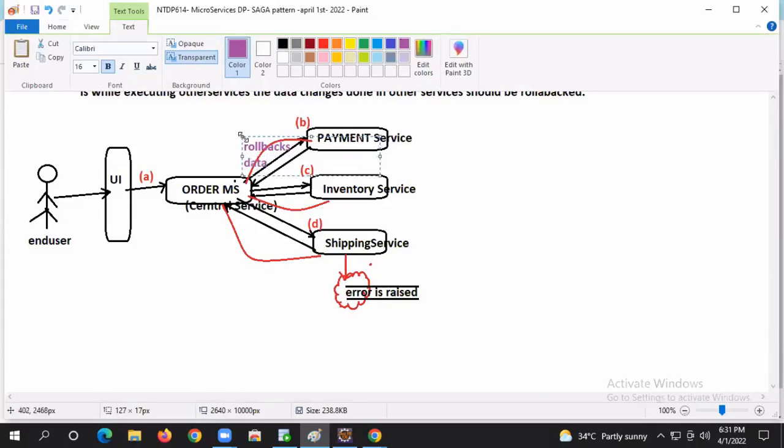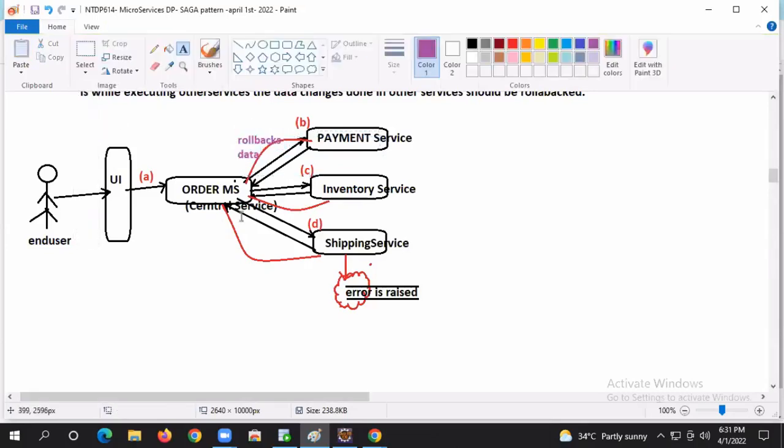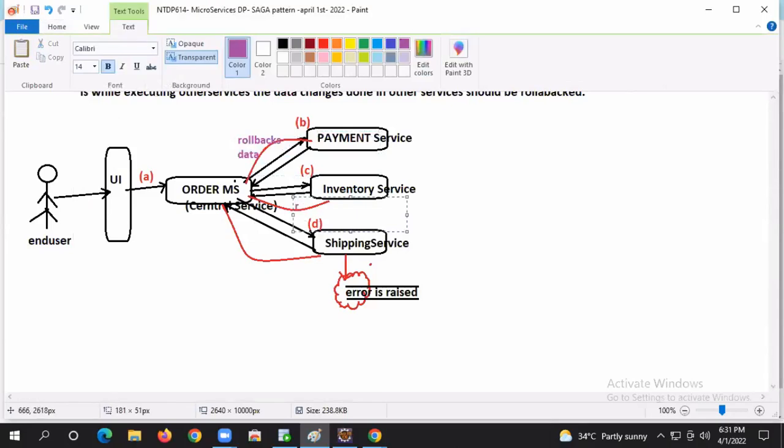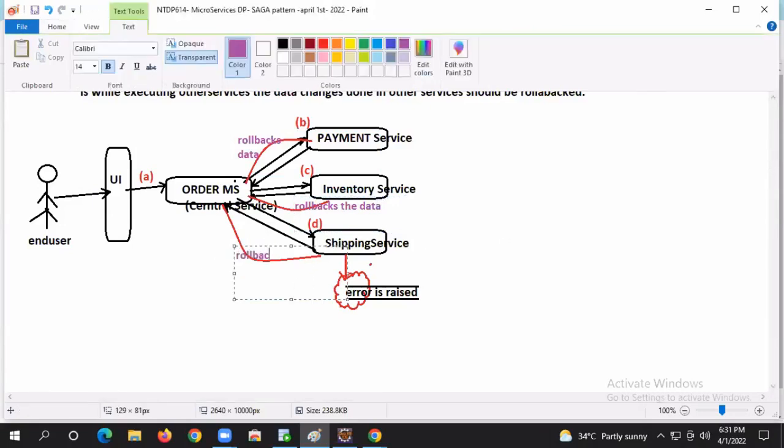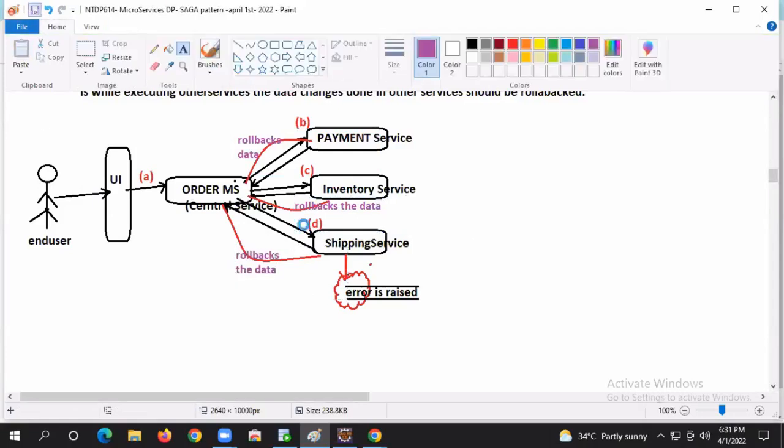Here it rolls back the data, guys. Rolls back the data. And our problem has risen. This order service only should roll back the data or not.